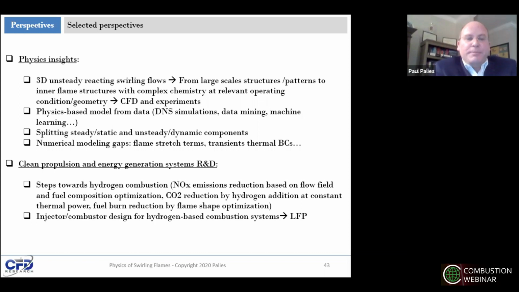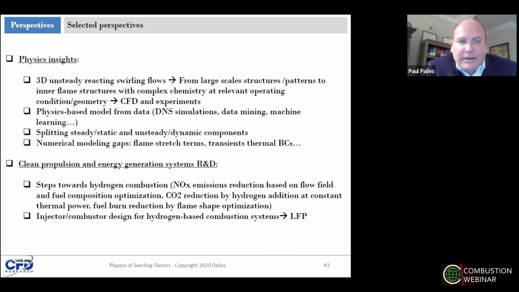Now, in terms of perspective, I'd like to split it in terms of physics insight and clean propulsion and energy generation system. So I think we should pursue 3D and unsteady reacting swirling flow and flame to identify patterns and also to create the data that are required to investigate this mechanism and the stabilization, for example.